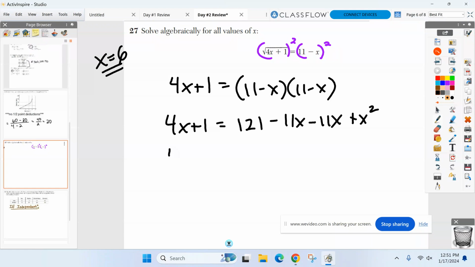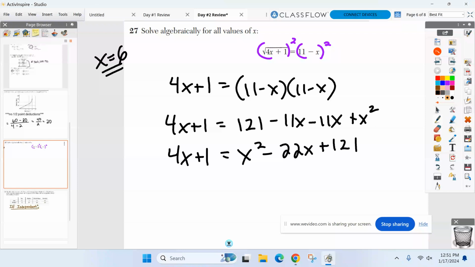All right, combine like terms. And I know, just like me, some of your OCD is kicking in. Yes, I'd want that x squared to be here. What do I get in the middle then? Negative 22x plus 121. So there's all the double distribution.